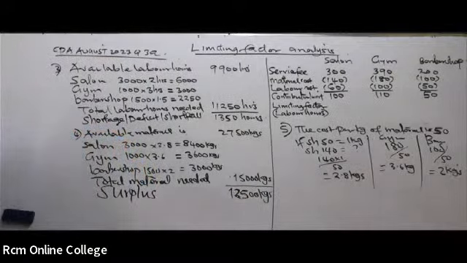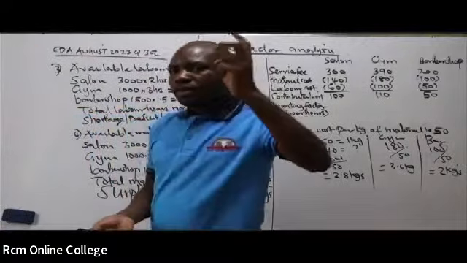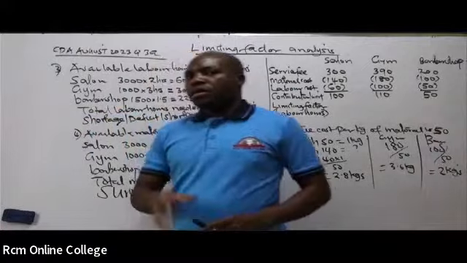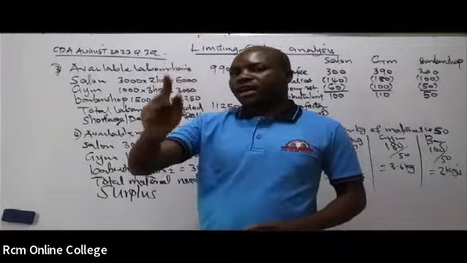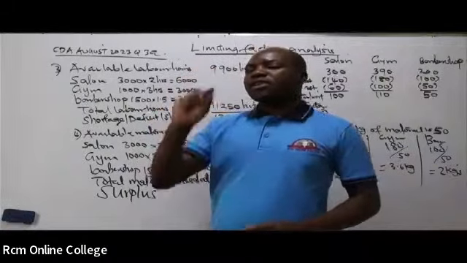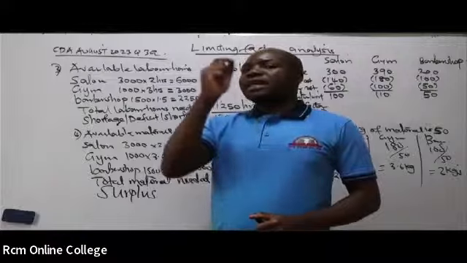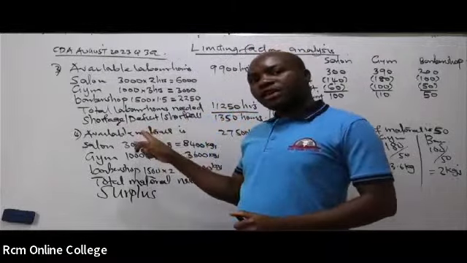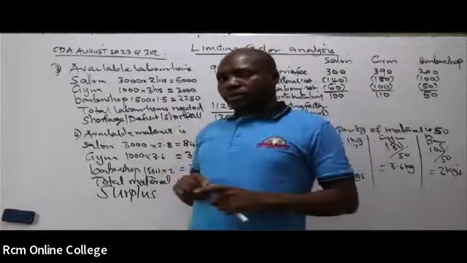So look at it. I hope somebody has been able to learn some great concept here. It means in an exam, the examiner can tell you information number 3, the company has availed 9,900 labor hours. Information number 4, the company has availed 27,500 kgs of raw material.